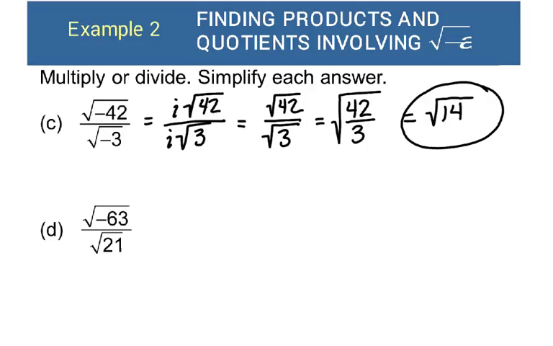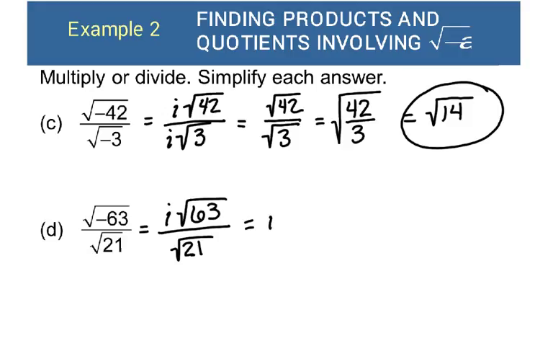Our next one, D here. Just like the previous ones, we always took the negative out of the radical first. There's no negative in the denominator, so just rewrite that as is. And then the next step would be, well, this time our i's don't cancel out.